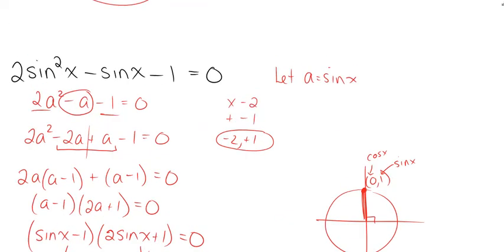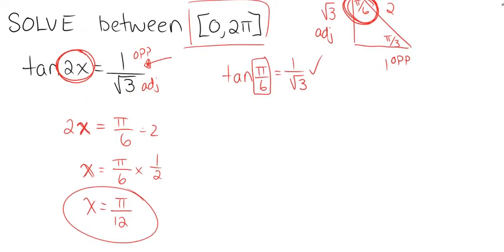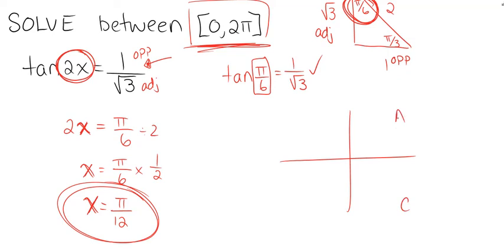Okay, also, I feel like I might have missed something here because it says between 0 and 2 pi, so I'm thinking, my bad, this was just one answer. There might be more. So it's positive, so if I look at my CAST rule, I know it can only occur in quadrant 1 and 3, so I already found quadrant 1. Ooh, my battery's gonna die.